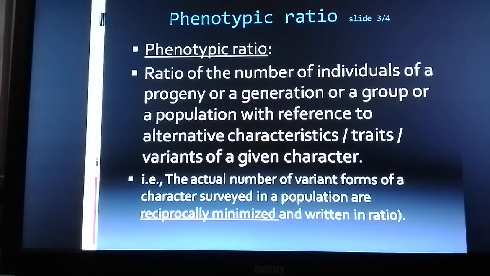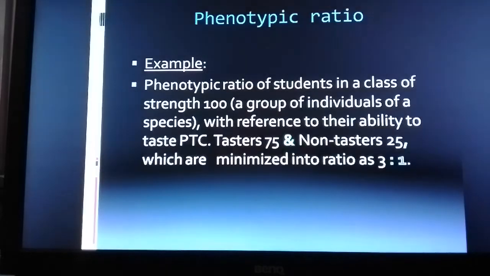Now just simply you can count the number of individuals for a particular character in different variants. Now here you see the example. If you count for the number of testers and non-testers regarding the PTC, phenyl thiocarbamide, the substance, if you put a drop on the tongue, some of the individuals only can feel some taste, a bitter or sour taste, and some of the individuals may not find any taste out of that solution.